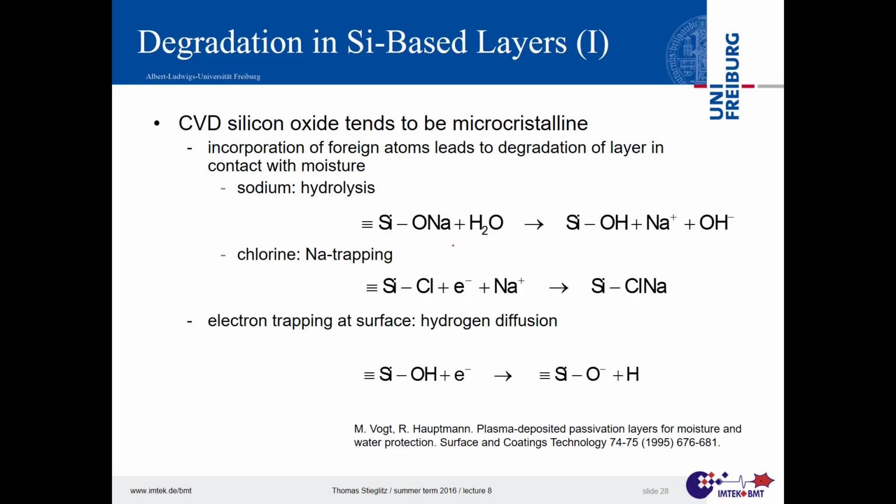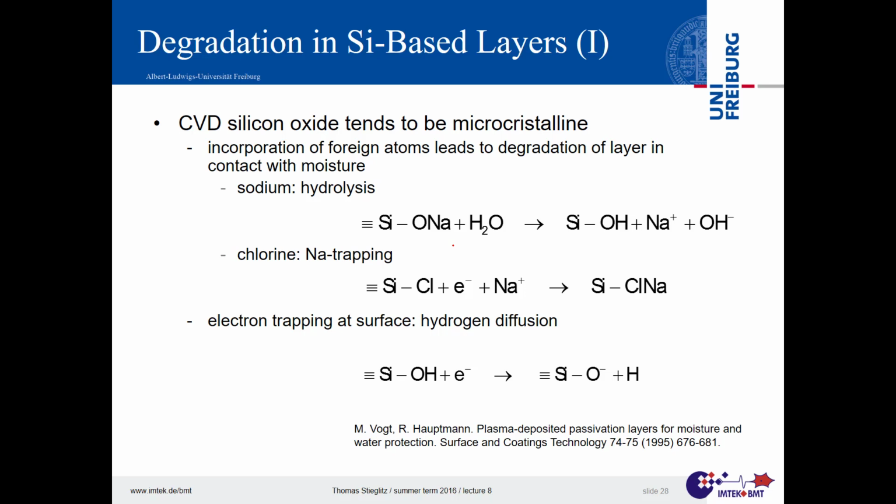And if we have, for example, here, a little bit of sodium and water in our silicon dioxide, then this might dissolve, and then we get silicon hydroxide, which is prone to get dissolved. Same if we have chloride here, we get some salts there. That means silicon is not really the most stable material.